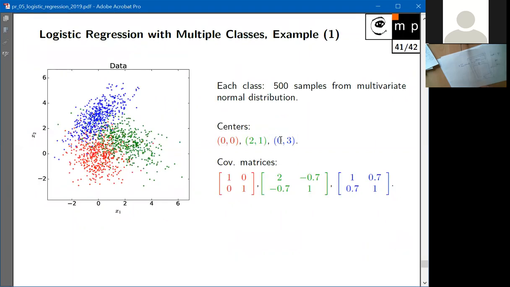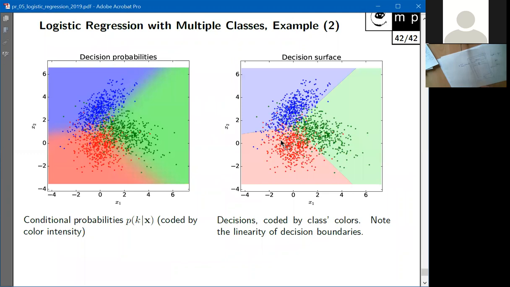So there's an example of how this could look. For a 3-class problem, we get quite intuitive decision surfaces, and we have linear decision boundaries because of the linearity in the exponent of the logistic function.